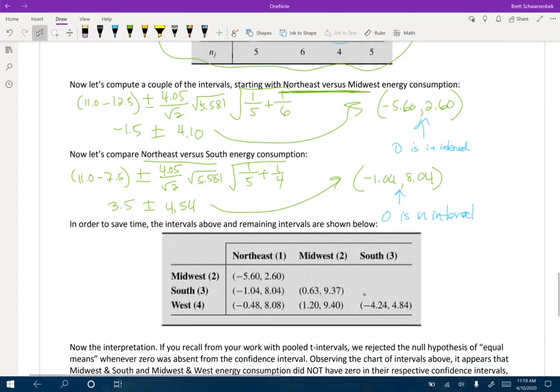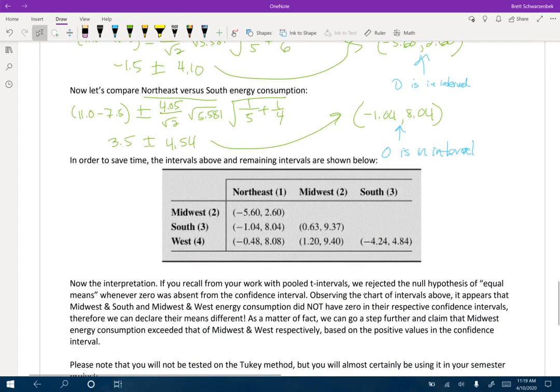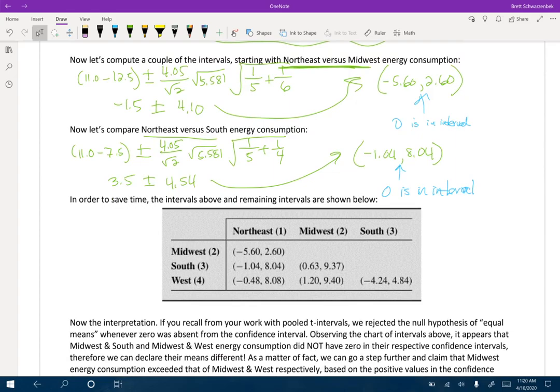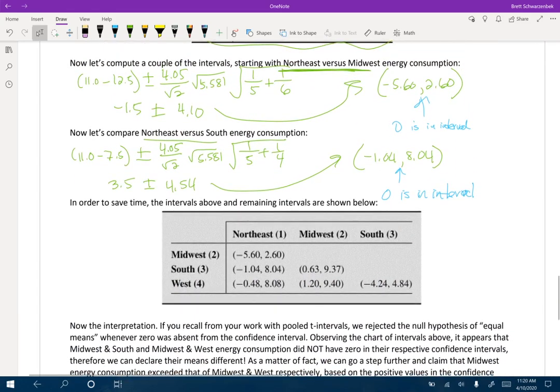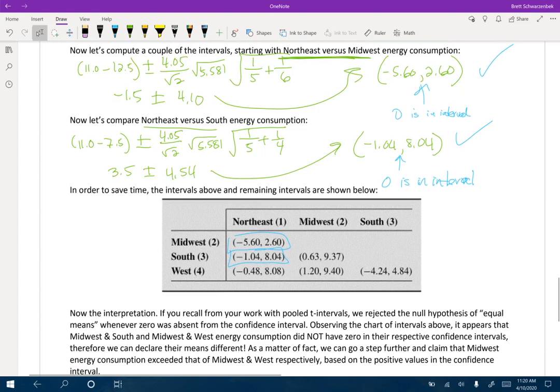Okay, so we could sit here and do all four others. I'm confident that you guys can easily calculate the rest of these using this table. So what I did was, if you look at my intervals here, this one and this one are here and here. So I created this little table that basically compared, if you can see, northeast to midwest is this interval here. Then, let me get rid of this so we can color code.